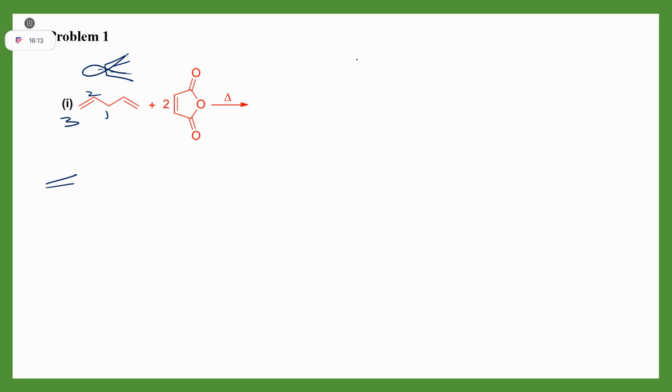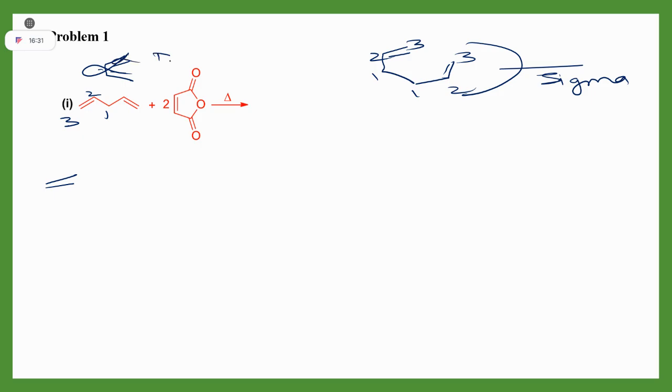Are you getting what I am trying to convey? If this system is there, there is possibility of your sigmatropic shift, right? If this system is there, there is possibility of your Diels-Alder. But here in this case, nothing is there like this.